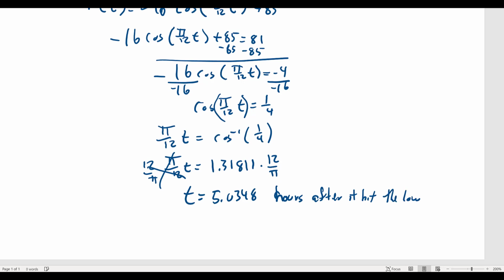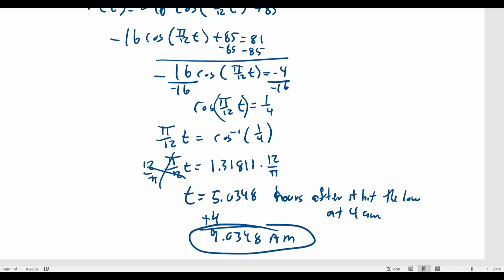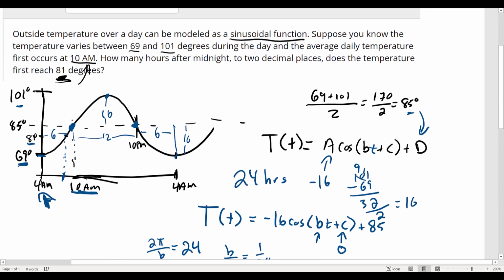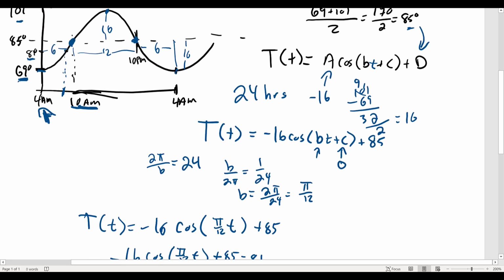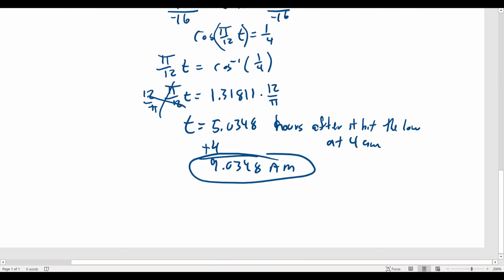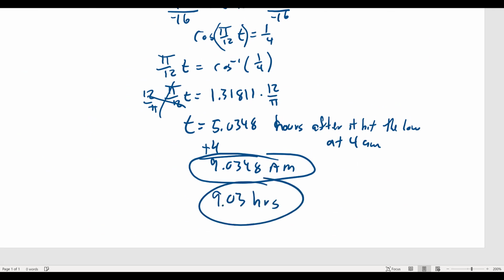The low is at 4 a.m. So add 4 to this, and 5 plus 4 is 9.0348 a.m. So I think the question said how many hours after midnight, rounded to 2 places, so I'd say 9.03. Okay, that's it.